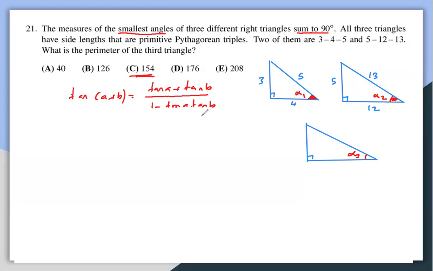So if I take the sum of these two, so tan of alpha 1 plus alpha 2. So the tangent value of the first one, that's 3 over 4, right? So plus the tangent of the second one is 5 over 12. So that is going to be divided by 1 minus 3 over 4 times 5 over 12.